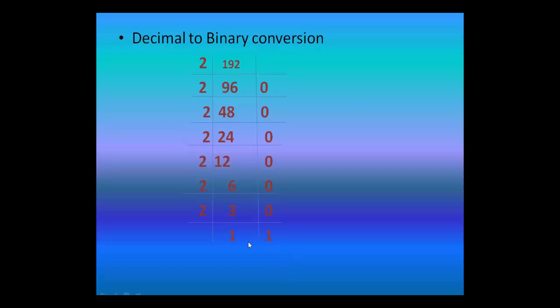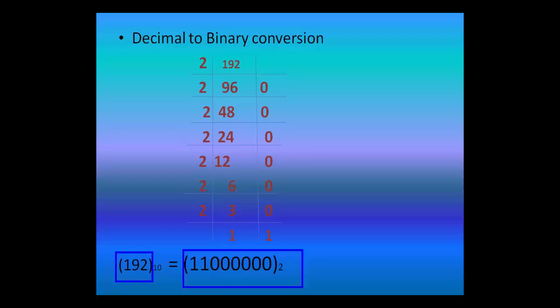So now I will write from down to upside. So 192 in the decimal number system is equivalent to this binary number. Clear? Very easy, nothing complicated, just practice a few things and it will become clear to you.